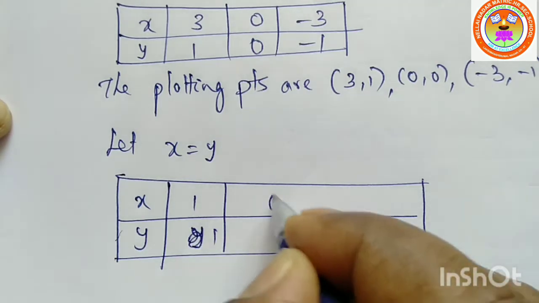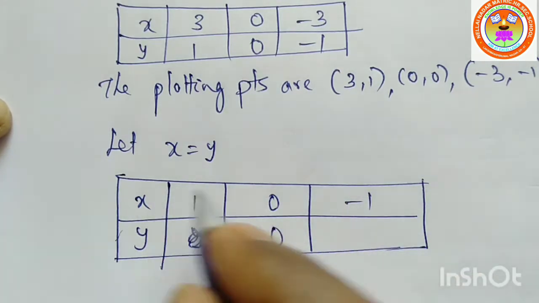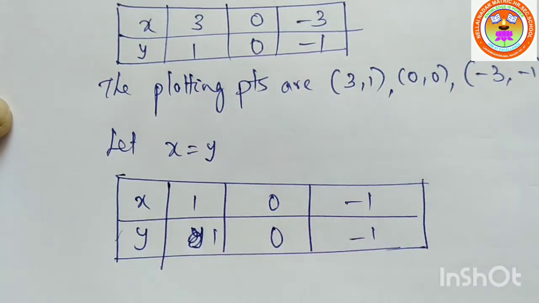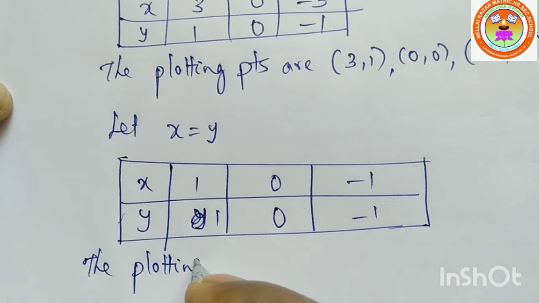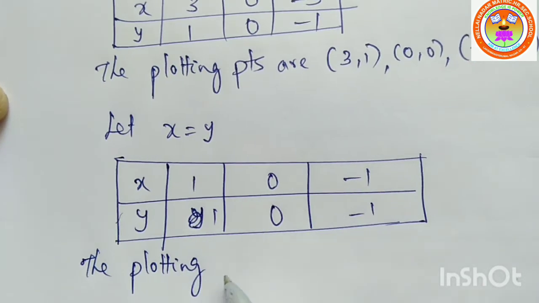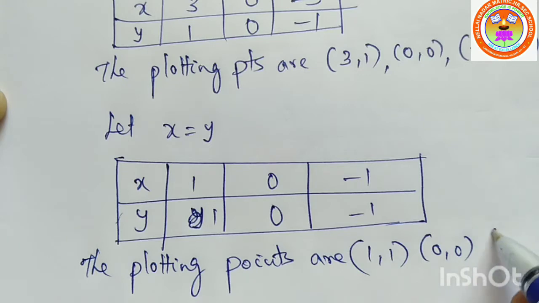If x is equal to 0, y is 0. If x is equal to minus 1, y is also minus 1. So the plotting points are (1, 1), (0, 0) and (minus 1, minus 1).